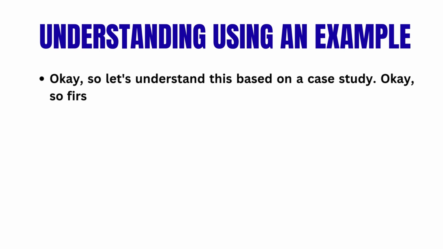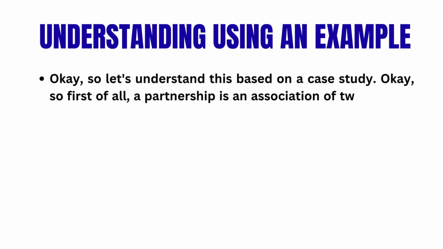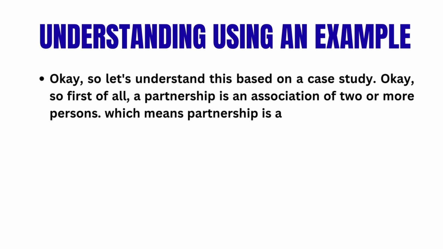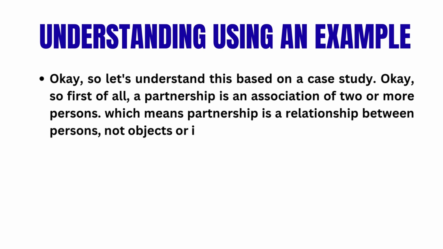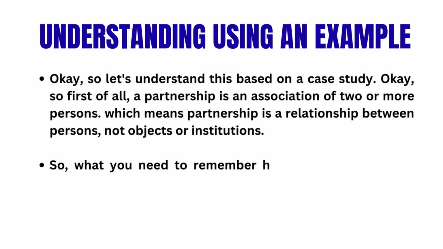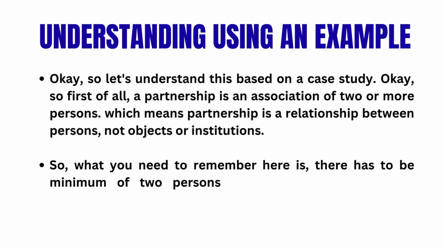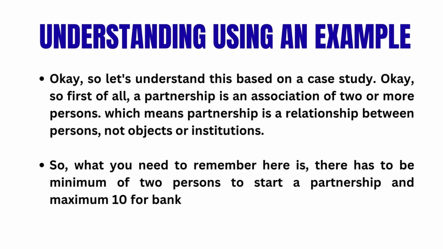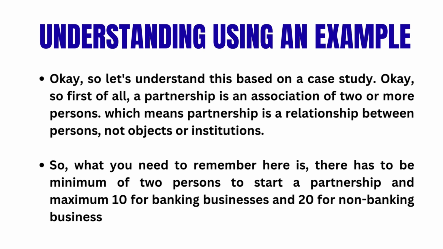First of all, a partnership is an association of two or more persons, which means partnership is a relationship between persons, not objects or institutions. So what you need to remember here is there has to be a minimum of two persons to start a partnership and a maximum of 10 for banking businesses and 20 for non-banking businesses.